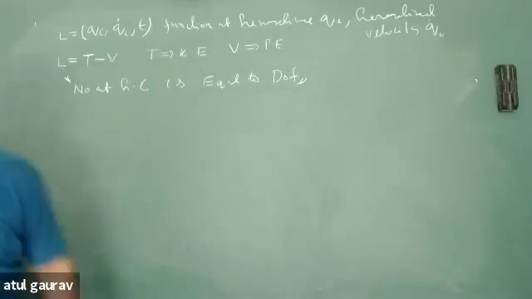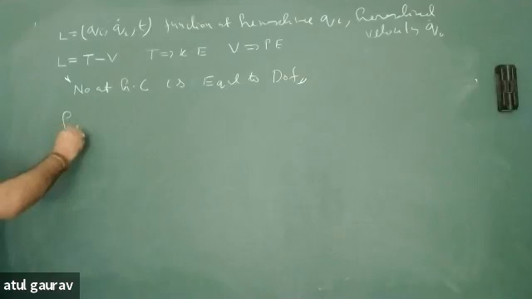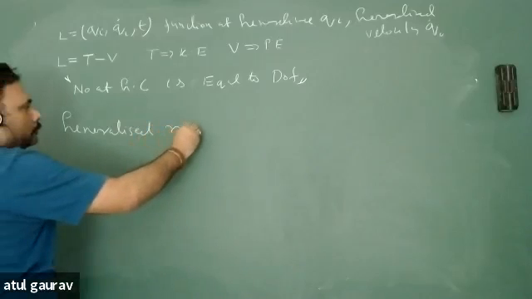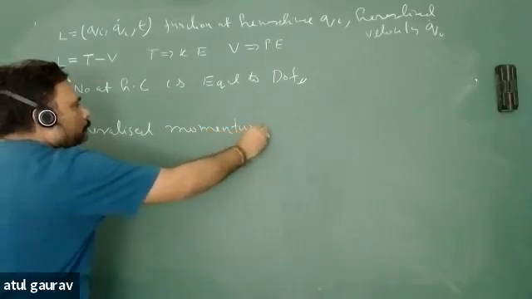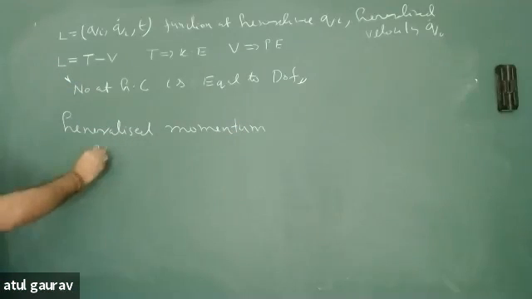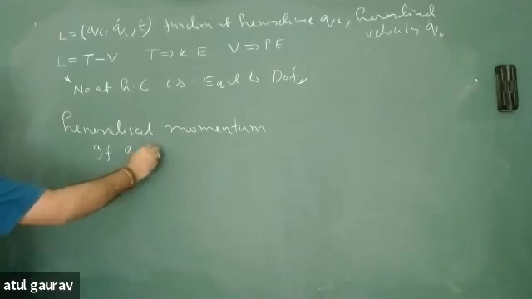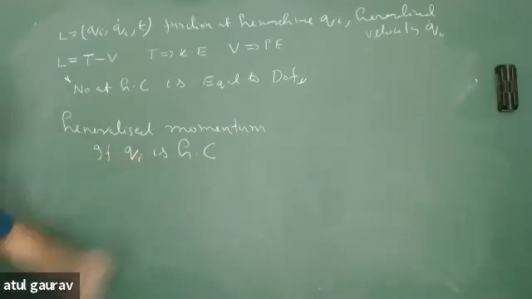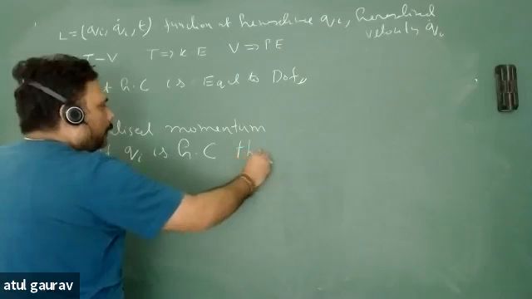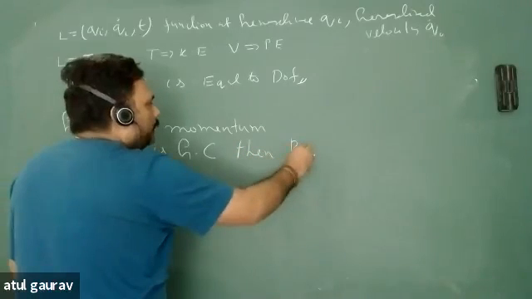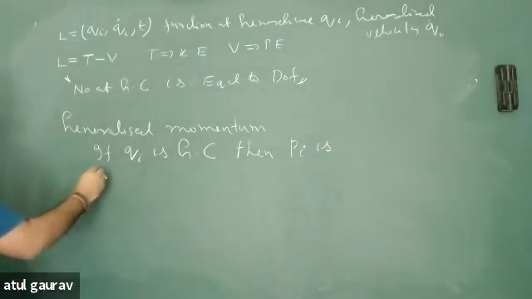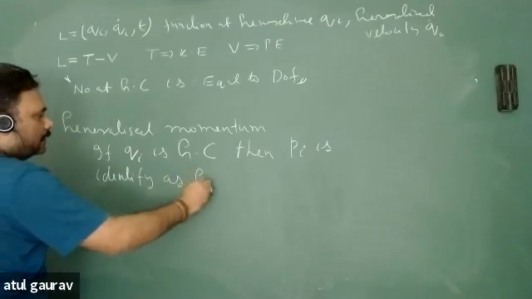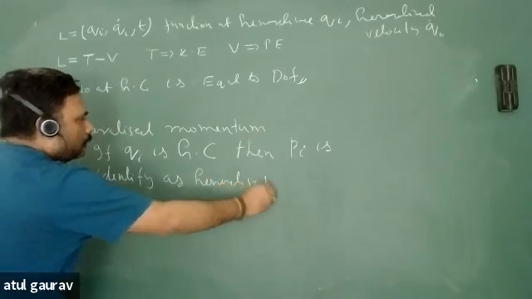Now let's go for generalized momentum. If qi is a generalized coordinate, then pi is identified as generalized momentum.